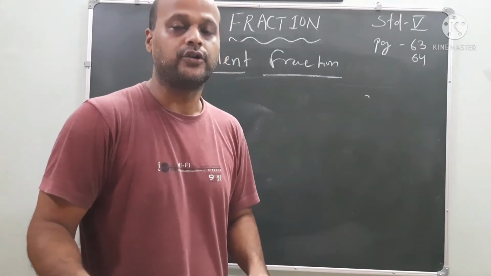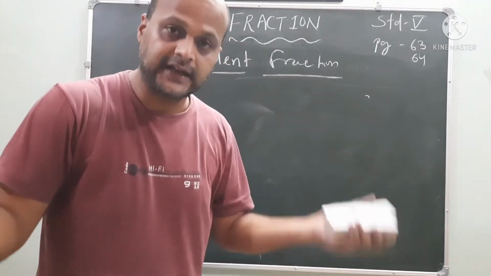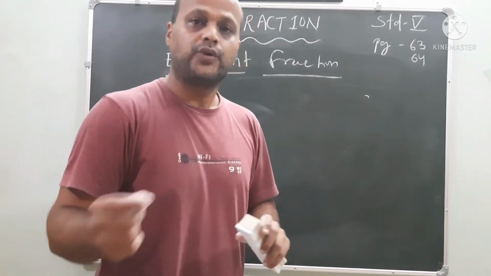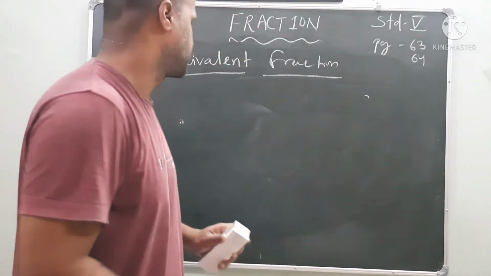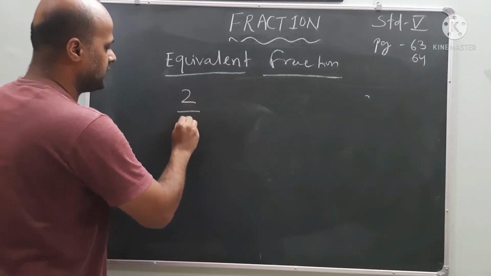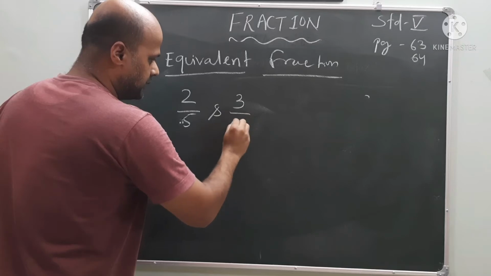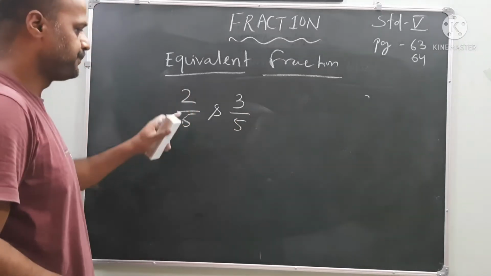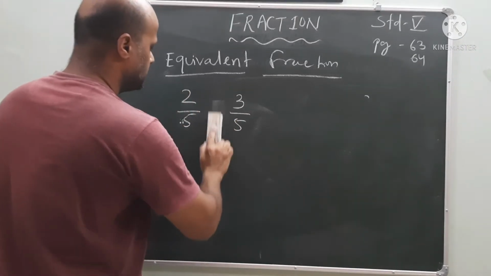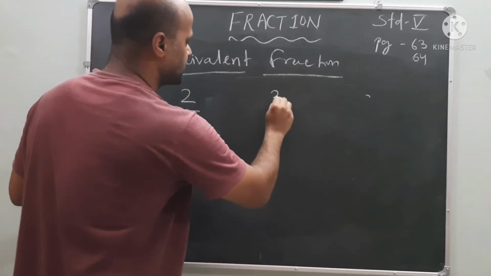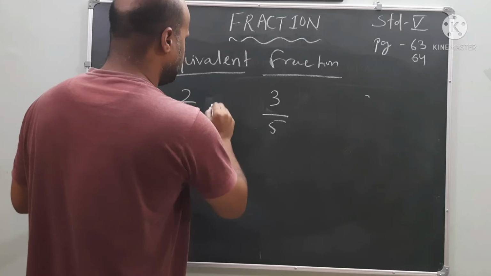We will now find out which one is greater and which is smaller between the two. Proper fractions first: 2 by 5 and 3 by 5. These are two fractions. Which fraction is it?